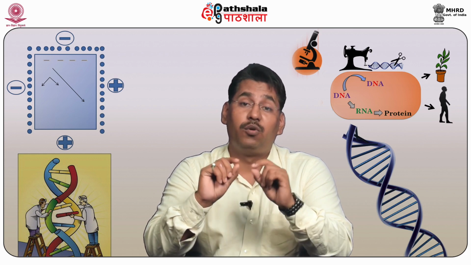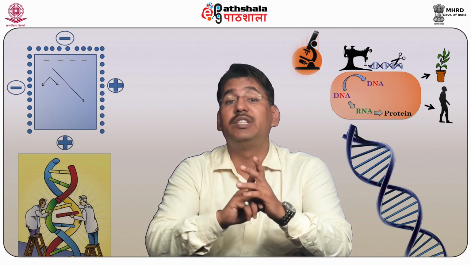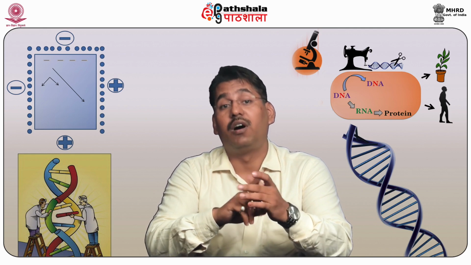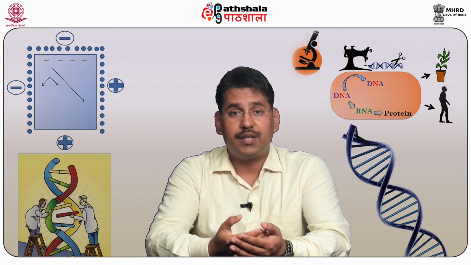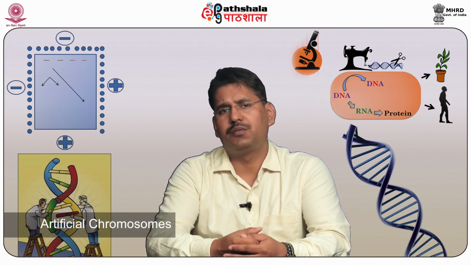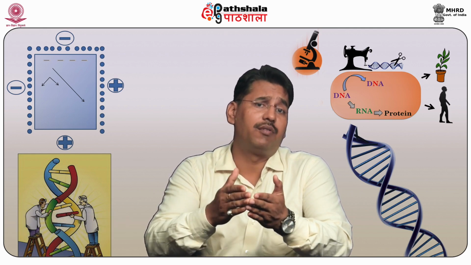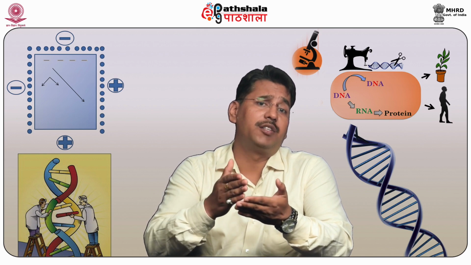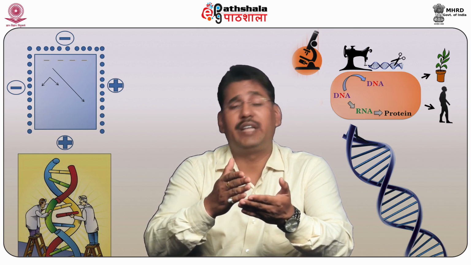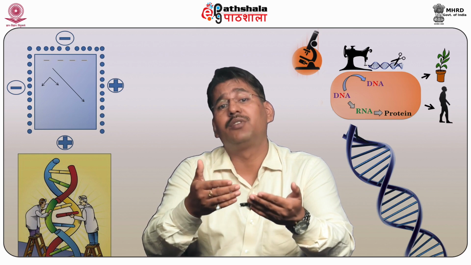So they require a lower number of recombinants to be screened for identification of a particular gene of interest. Artificial chromosomes are DNA molecules assembled in vitro from defined constituents that can function like natural chromosomes.